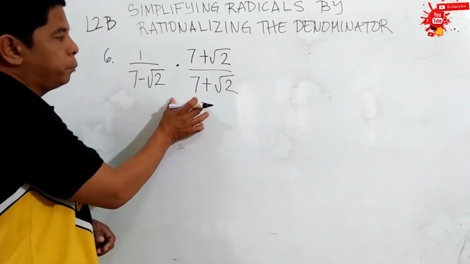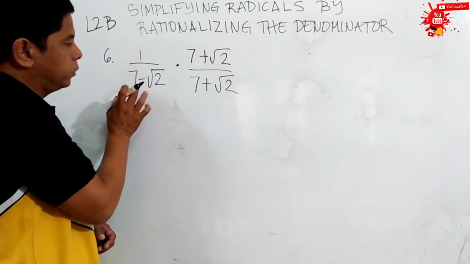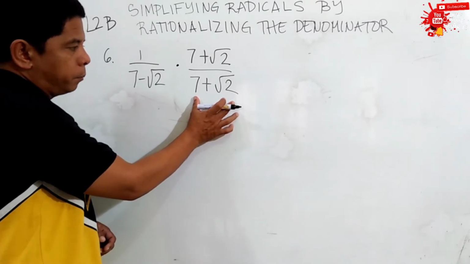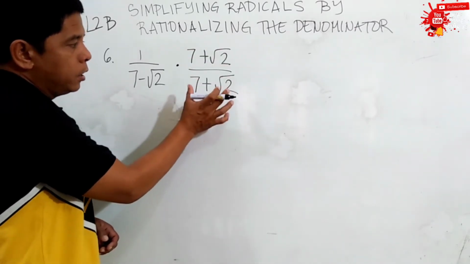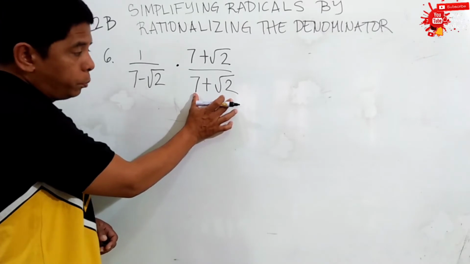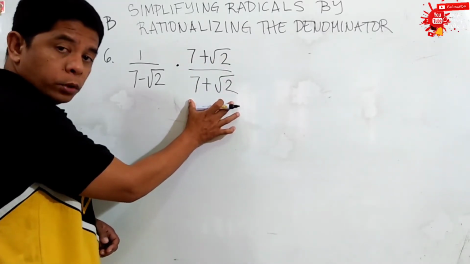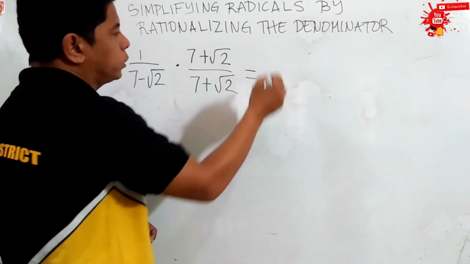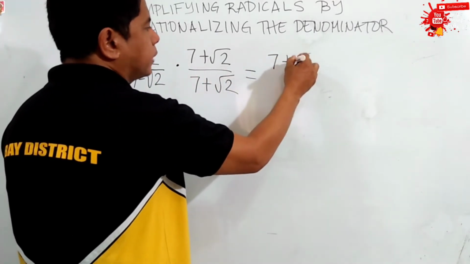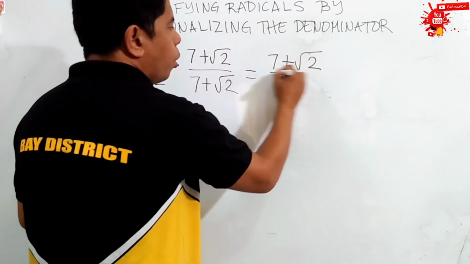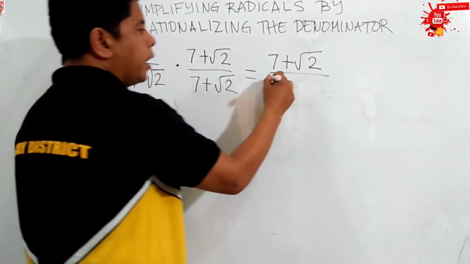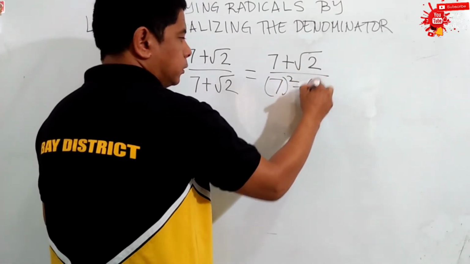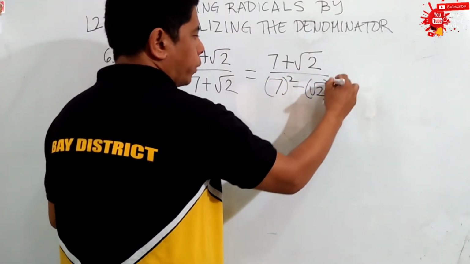Minultiply po natin ang radical expression natin ng ka-conjugate niya, which is 7 plus square root of 2. Ulitin po natin, kung ano po ang minultiply sa numerator, yun din ang imumultiply natin sa denominator. 1 times 7 plus square root of 2 over 7 squared minus the square root of 2 squared.